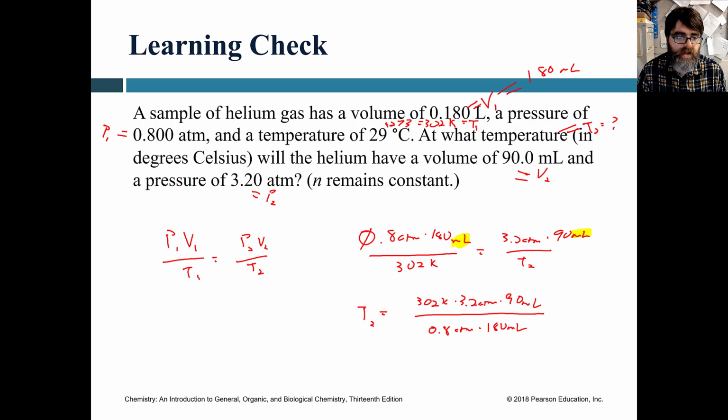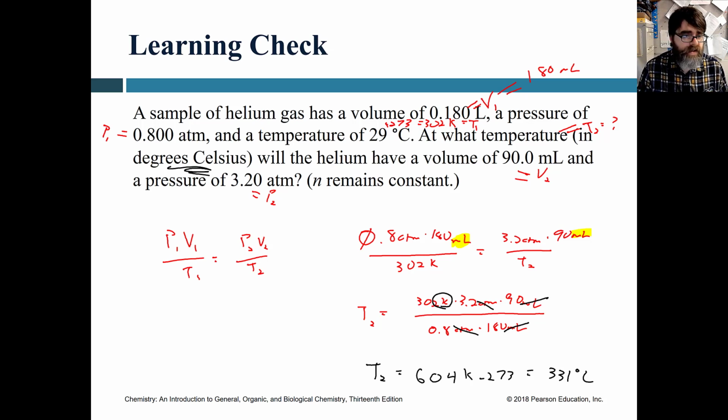Once again, notice that the units do cancel out here when we do it this way. Milliliters cancels with milliliters, atmospheres cancels with atmospheres, and we're left with Kelvin. And so then temperature 2 is equal to 604 Kelvin. We're asked to solve for it in degrees Celsius, so we're going to have to minus that 273 to get it to 331 degrees Celsius.